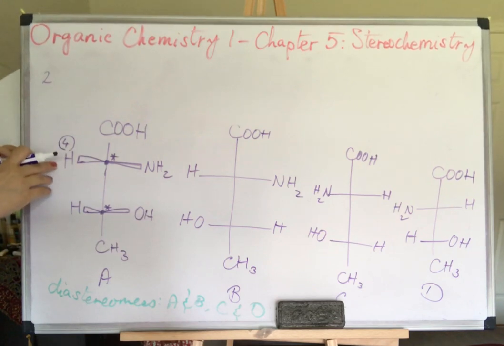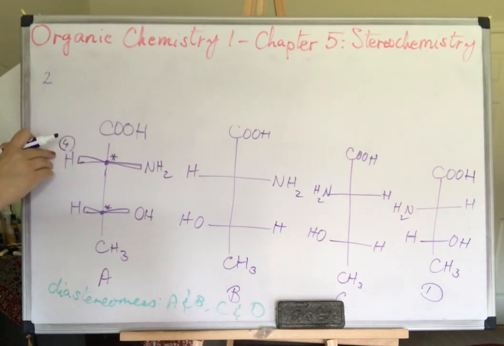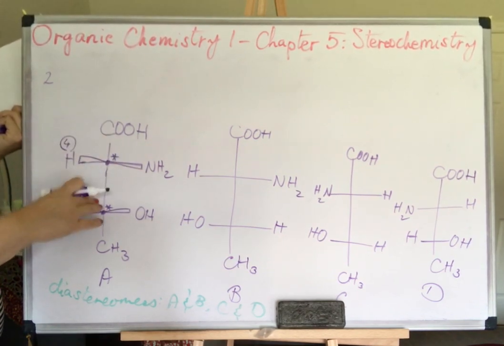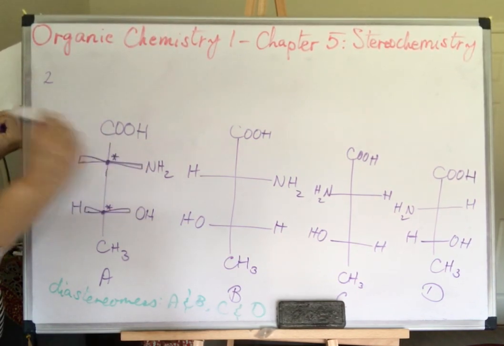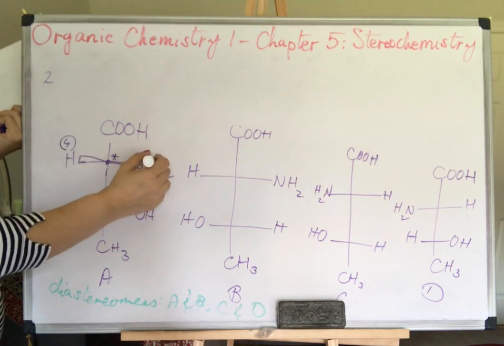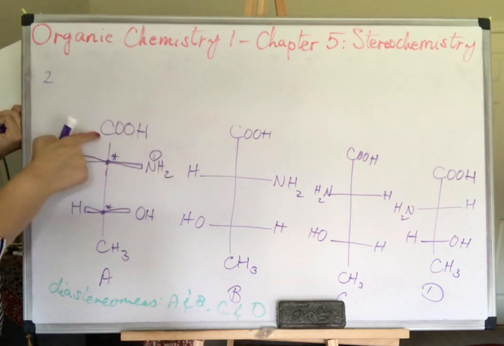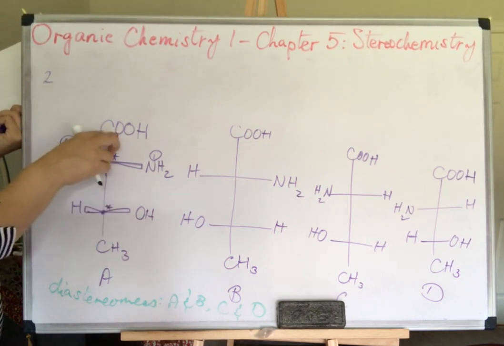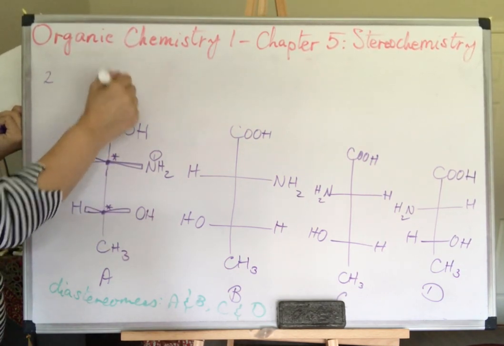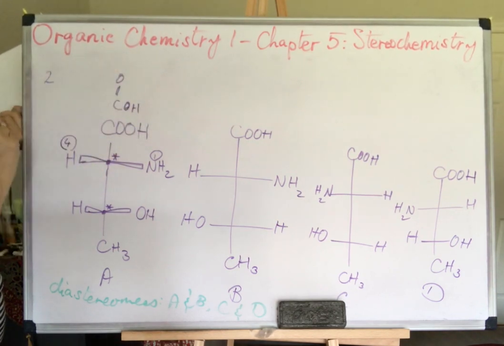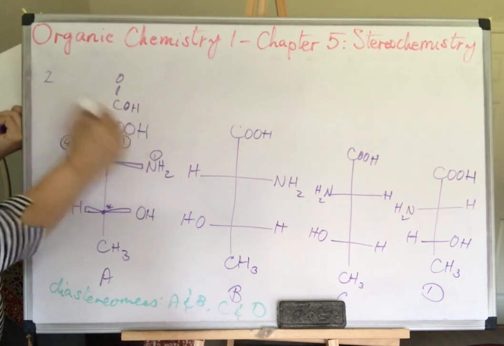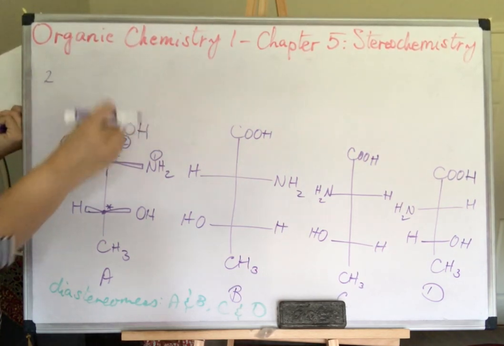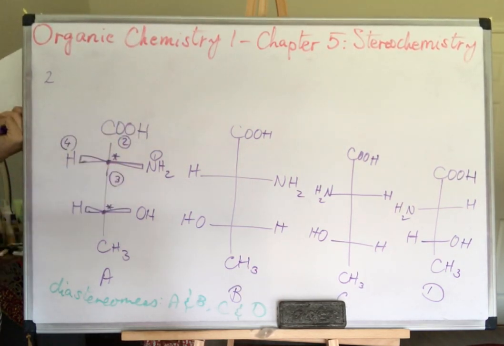Carbon number 2 has hydrogen as the fourth group. Between nitrogen and carbon, which one has a higher atomic number? Nitrogen, because it's element number 7. Carbon, 1 oxygen, COOH is 3 oxygens, so this is group number 2, and this is group number 3.